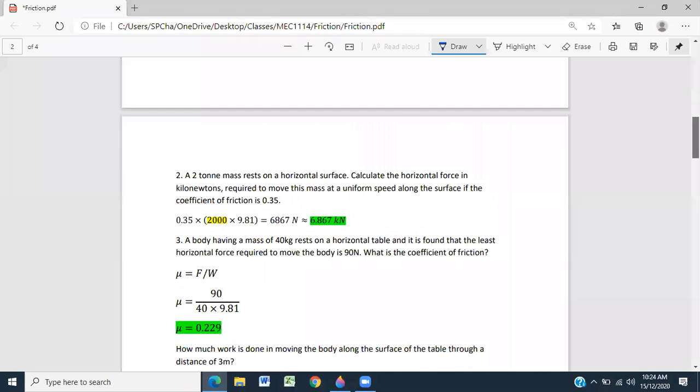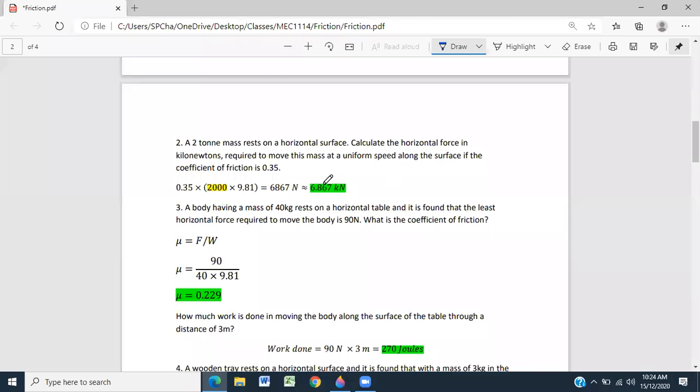Now let's do number 2. And number 2, we could finish in one line. A 2-ton mass rests on a horizontal surface. Calculate the horizontal force in kilonewtons required to move this mass at uniform speed along the surface if the coefficient of friction is 0.35.